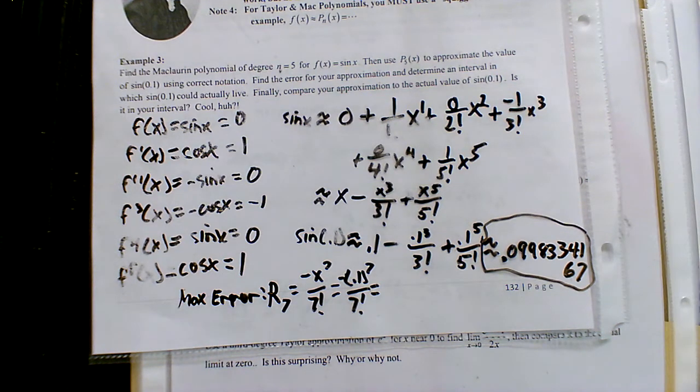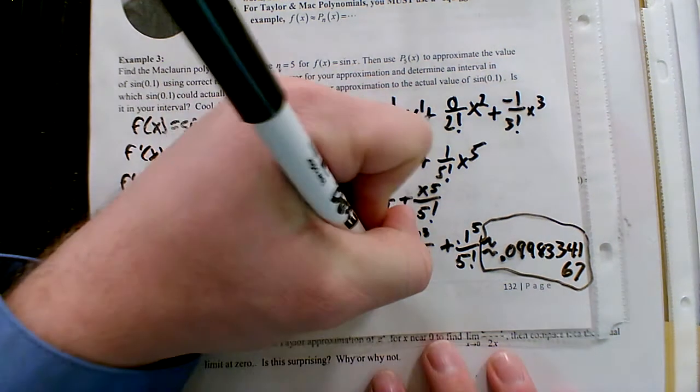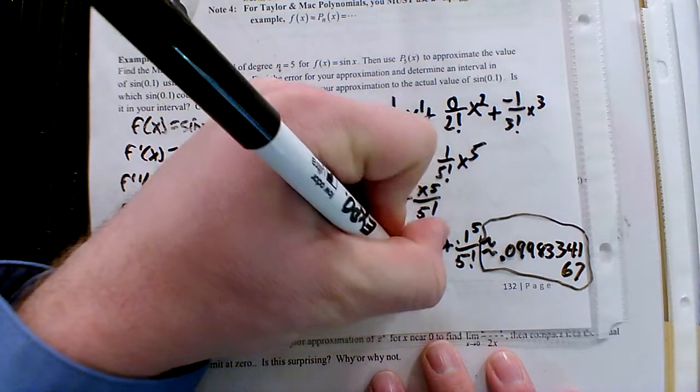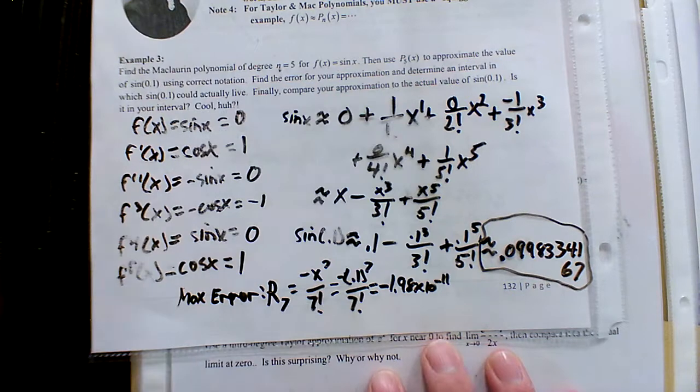Did your calculators do scientific notation? Alright, so I got 1.984 times 10 to the negative 11th. Pretty close to what you got. You got negative? Well, yeah, the negative out front, yes, it should be negative. So you get negative 1.98 times 10 to the negative 11th.